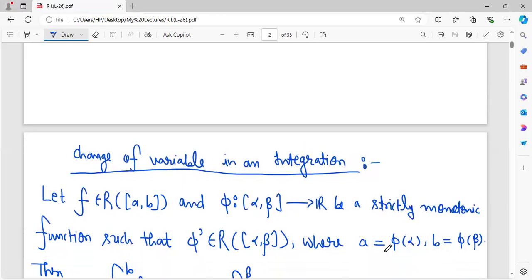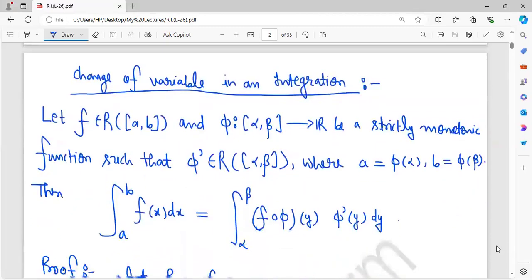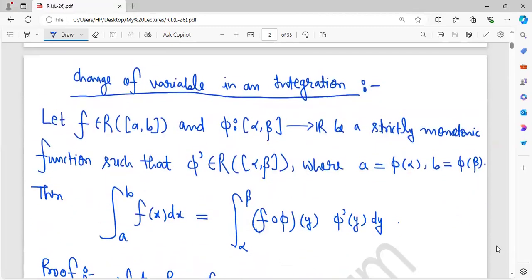Then a is equal to phi(alpha) and b is equal to phi(beta). Then the integral from a to b of f(x) dx is equal to the integral from alpha to beta of (f composed with phi)(y) times the derivative of phi, dy.